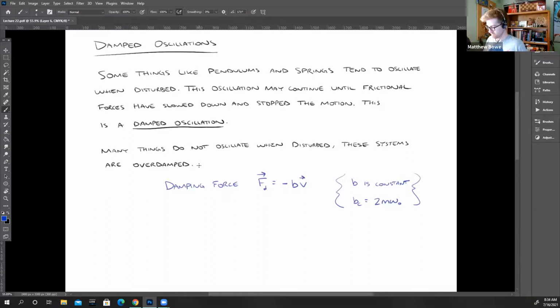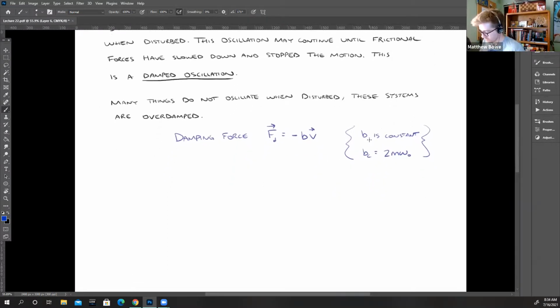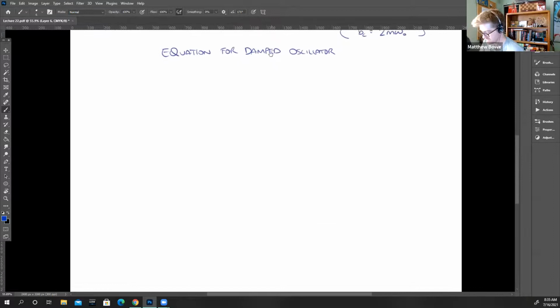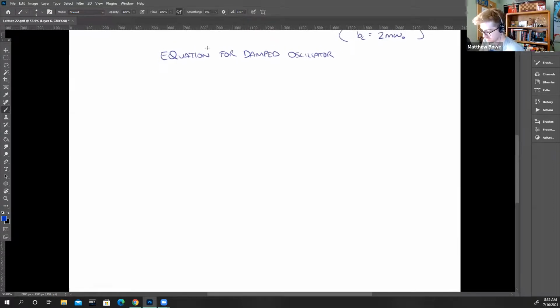The general equation for damped oscillators is this differential equation.